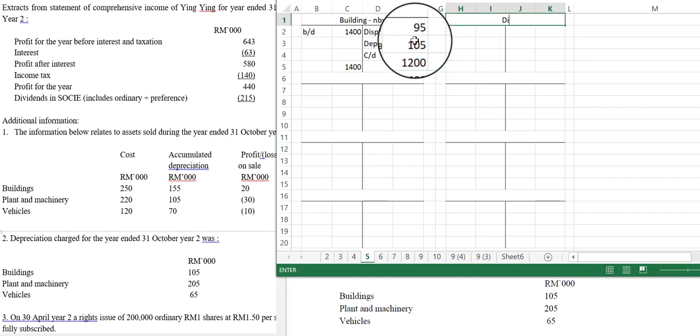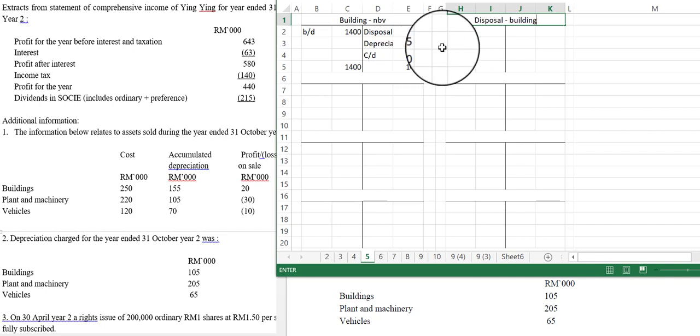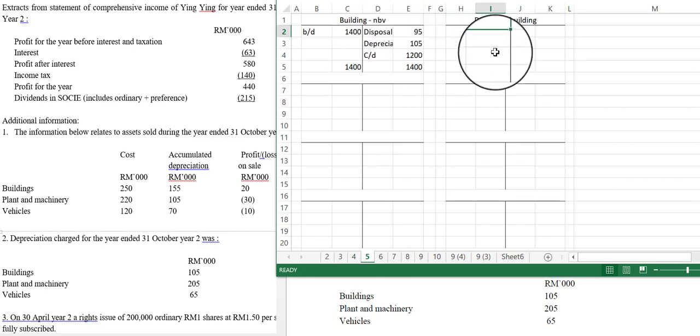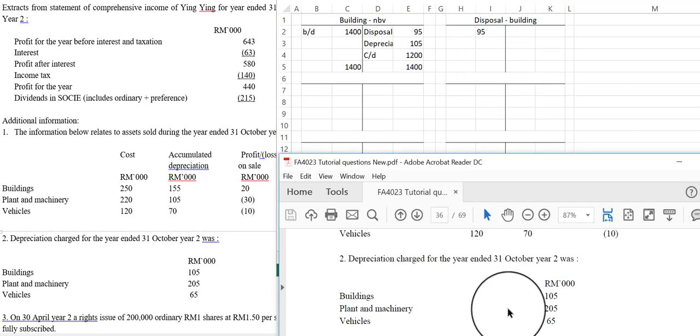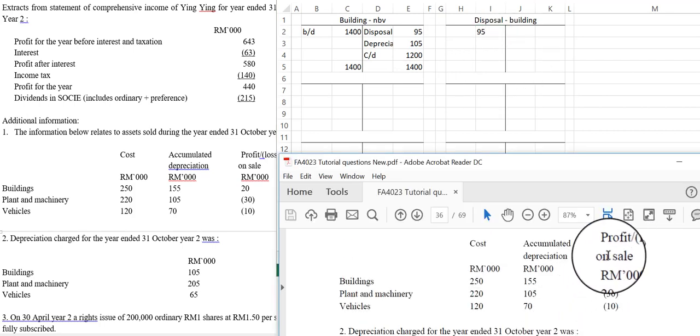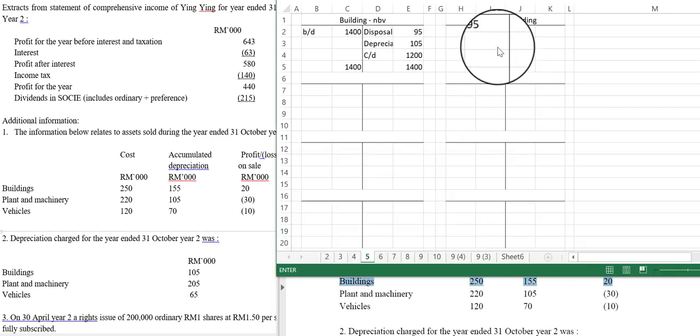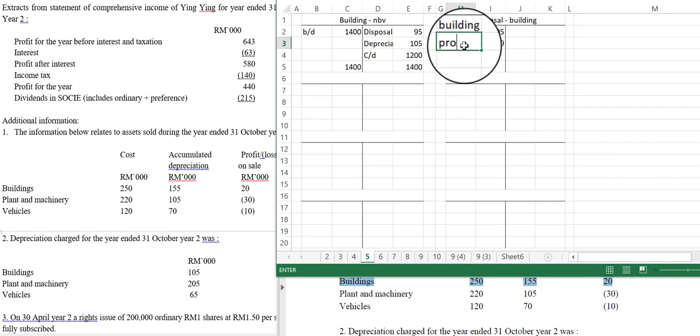Then we open a disposal for your building. During this year, for the disposal of your building, you put in 95. And how much you have disposed, profit or loss? You actually made a profit of 20. This is the net book value of the building, so there's a profit here.